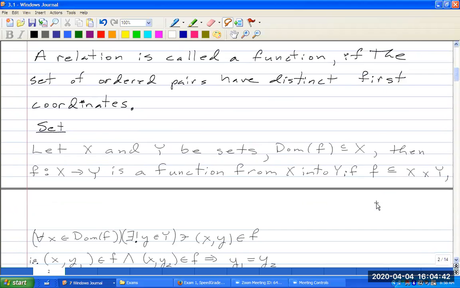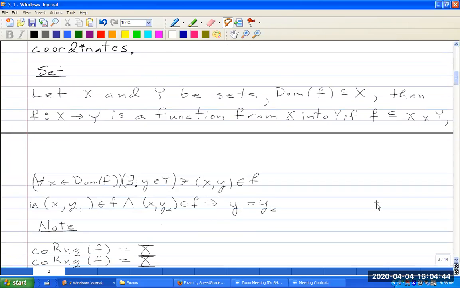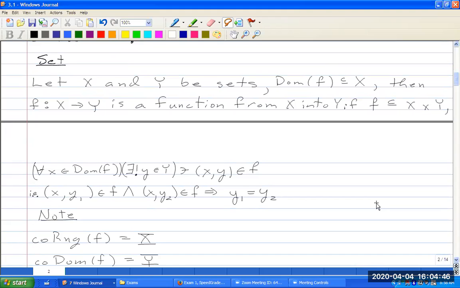So let's look at the idea of a function by way of sets. So let X and Y be sets. Let this be a subset of X, and so we'll denote this set DF.